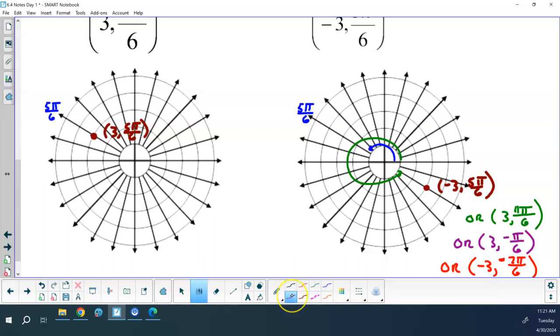My purple angle went negative there, and my red angle went negative to there. Okay. So multiple ways. All 4 of these coordinates get me to that exact same dot.